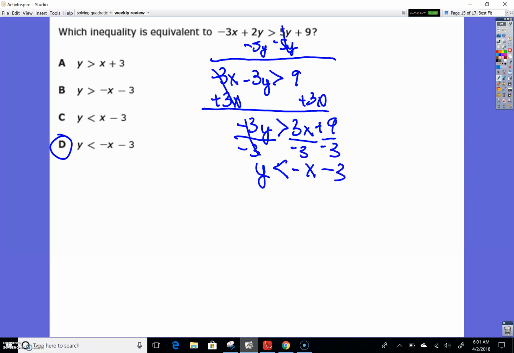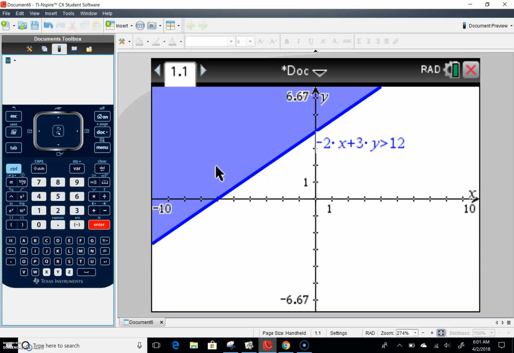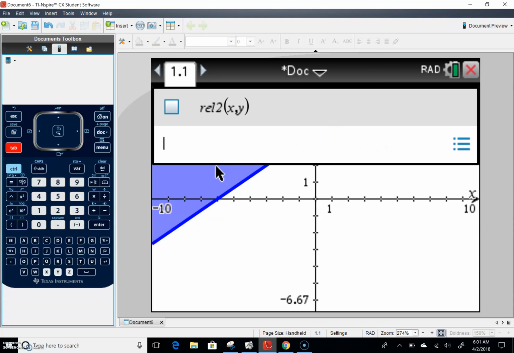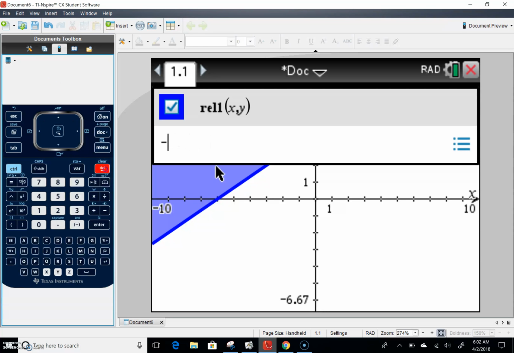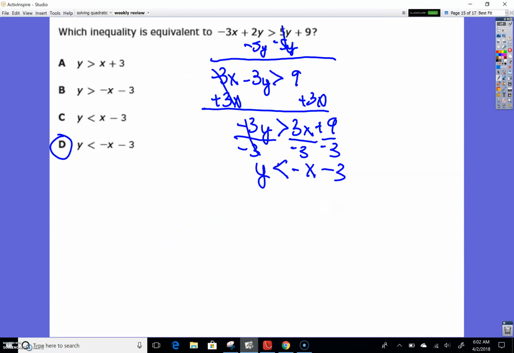I know we're done, but let me show you that you can also check your answer by going to relations. Tab. I'm going to go back to the original one. I'm going to delete it. And I'm going to type in negative 3x plus 2y.